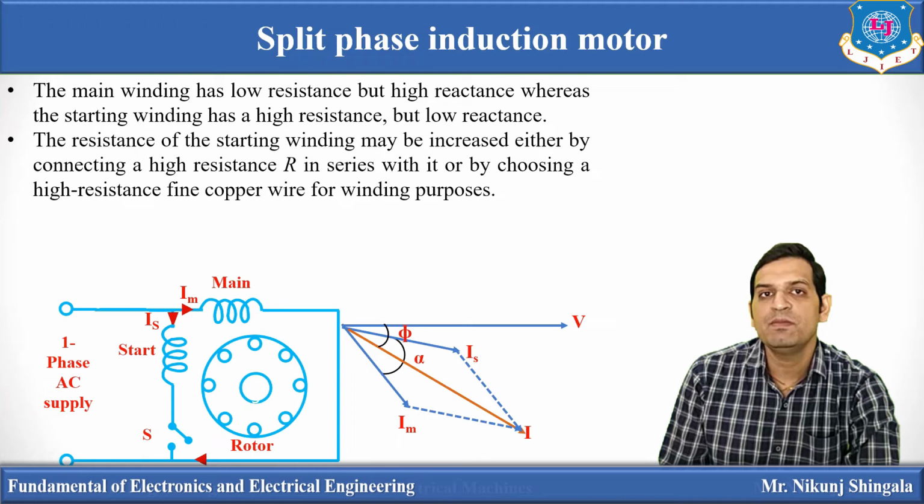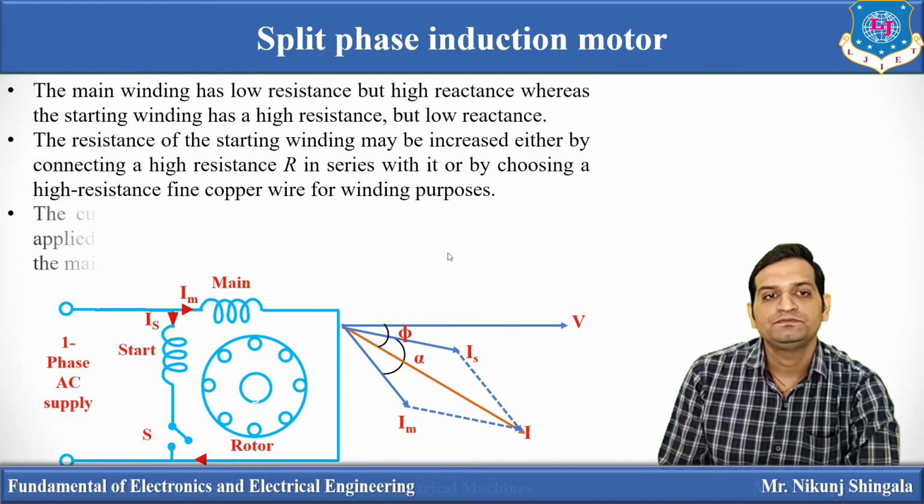The resistance of the starting winding may be increased by connecting a variable resistance in series with the starting winding, or by choosing high resistance fine copper wire for the winding. So in two ways the winding resistance of the starting winding can be increased: by selecting copper wire having high resistance, or by connecting a potentiometer in series with the starting winding.